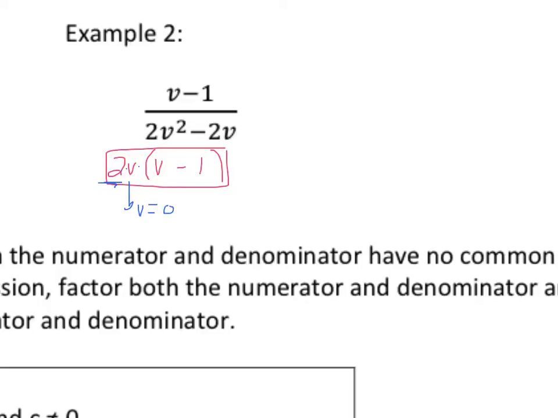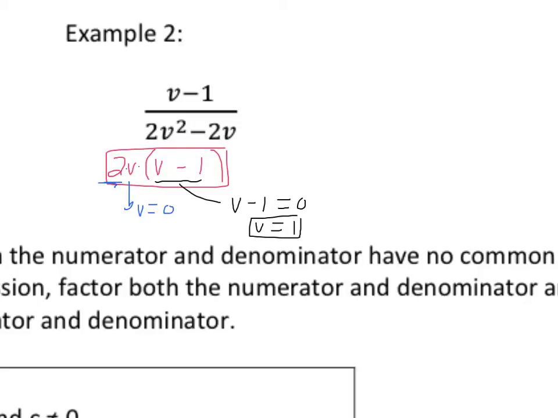I would just make it 0. There's nothing changing that value. On the other hand, this part, how can that become 0? If I solve for v, because I have a minus 1 there, I realize that if v was 1, that would cause that parentheses to become 0 and cause it to be undefined.